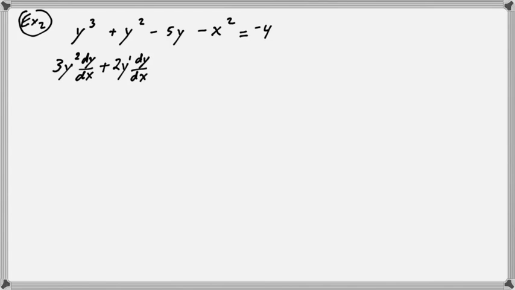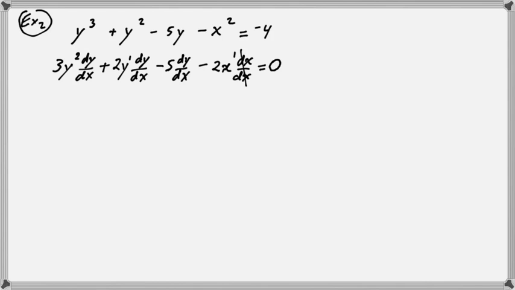Because it's a y, I put dy/dx. The derivative of 5y is 5, but I also have to take it times the derivative of y, which is dy/dx. Power, base, 1 less power, derivative of base. This time the derivative of the base is dx/dx. I took the derivative of x, so I write dx/dx. And the derivative of a constant like negative 4 is 0.